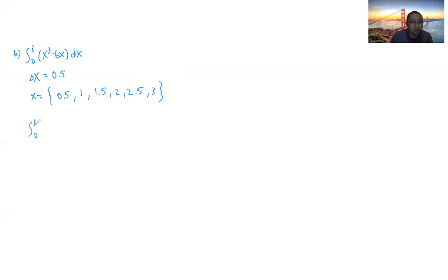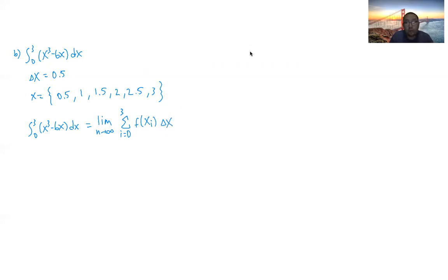And so if we do this, the integral on the interval from 0 to 3 of the function x cubed minus 6x with respect to x is equal to the limit as n approaches infinity of the summation from i equals 0, starting at 0, ending at 3, of our function multiplied by our delta x.